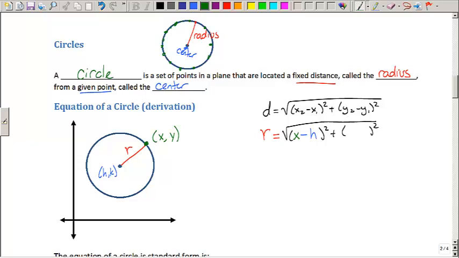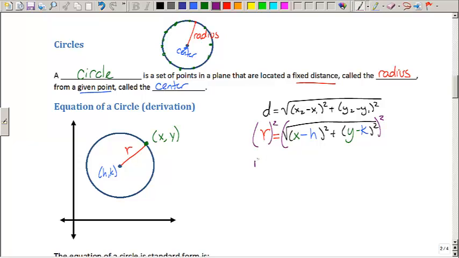Plus we also have the difference of my y's squared. The y's, when I subtract them in this case, I'm going to use my variable y minus the y coordinate of my center, which in this case is going to be k. This is now relating x and y, my variables, with h and k, the center, and my radius. Next, I'd like to get rid of the square root by squaring both sides.